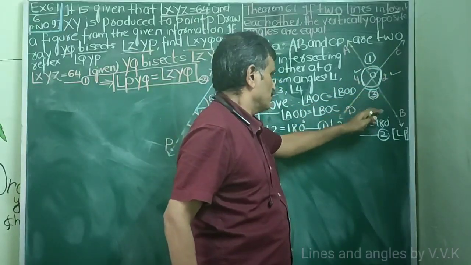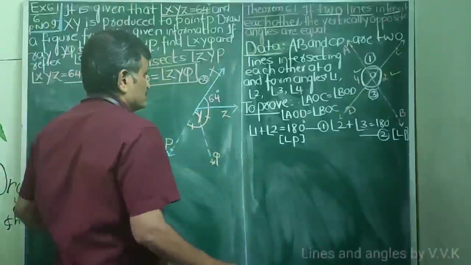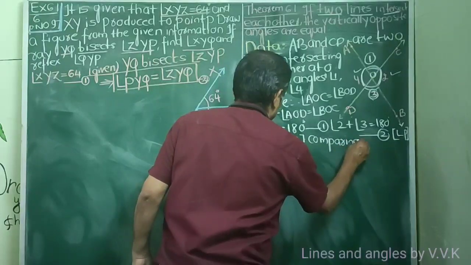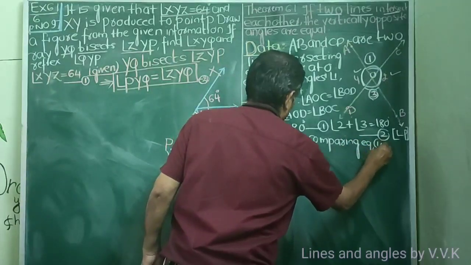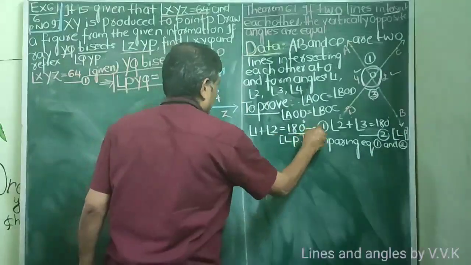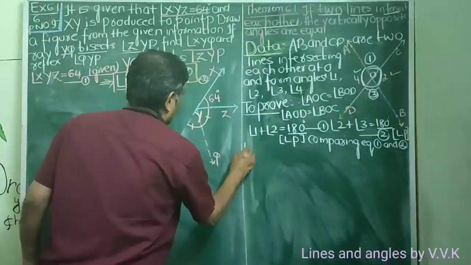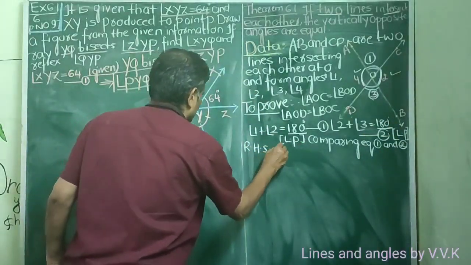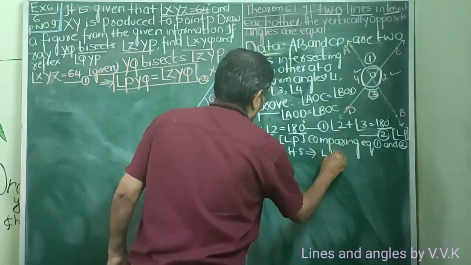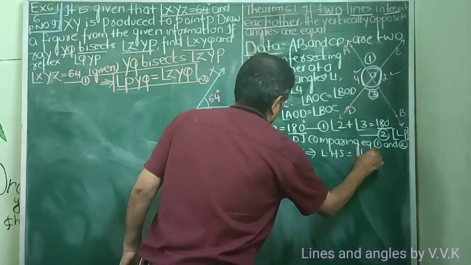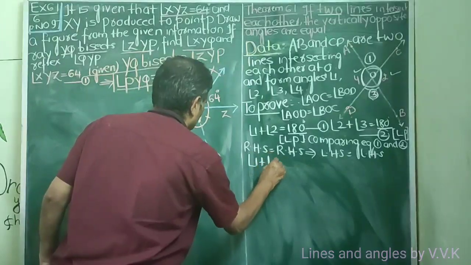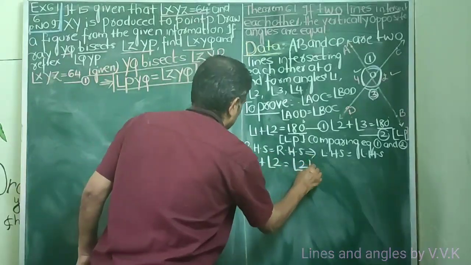That means what? If you compare the first and second equation, then right hand sides of both equations are equal. RHS equal to RHS. And if RHS equal to RHS, it implies that left hand side is equal to left hand side. That means angle 1 plus angle 2 is equal to angle 2 plus angle 3.